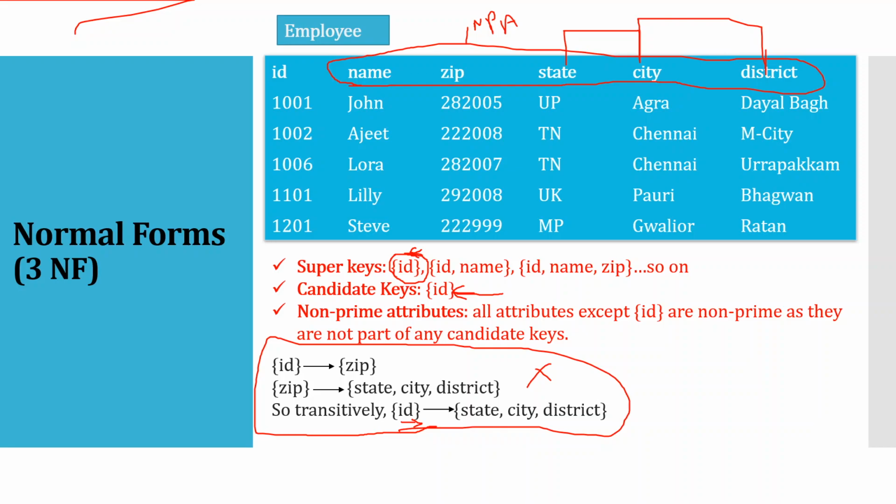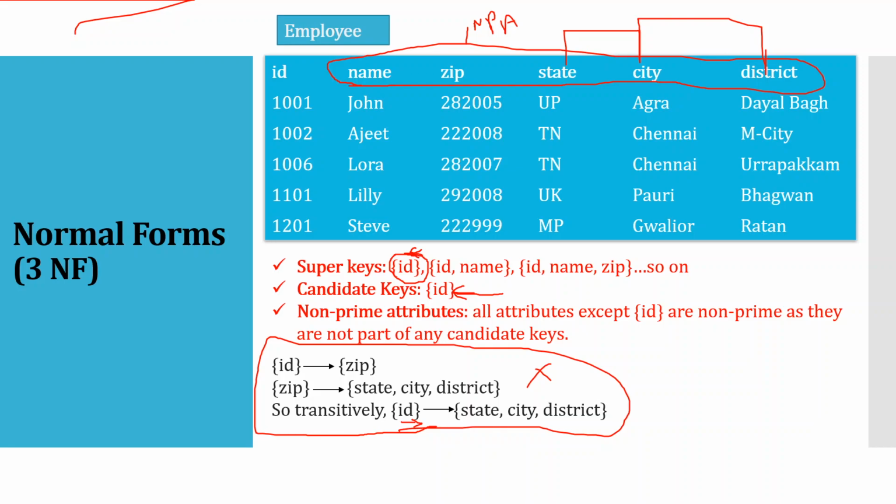So if you generate a transitive functional dependency, and these non-prime attributes are dependent on any super key, then we should try to remove that particular functional dependency. Clear with this, the funda?